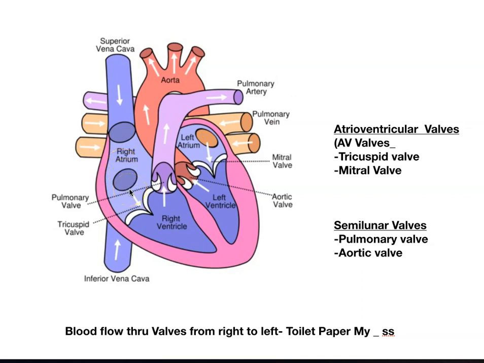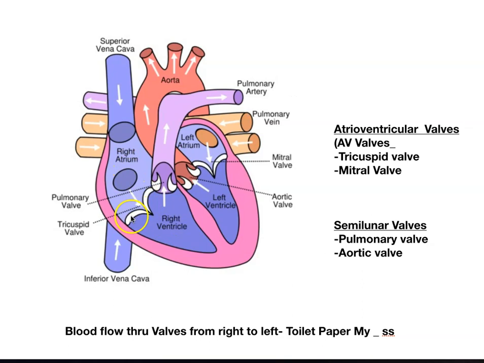From the right atrium, it's going to go through a valve. This is the tricuspid valve. The tricuspid valve is one of our AV valves, atrioventricular valves. Tricuspid is the AV valve on the right side.